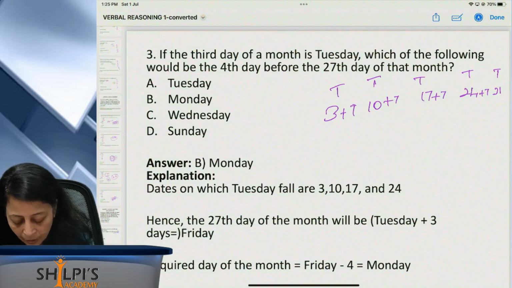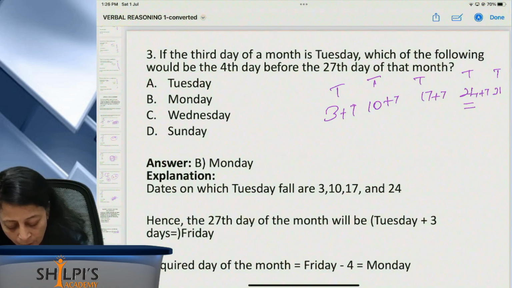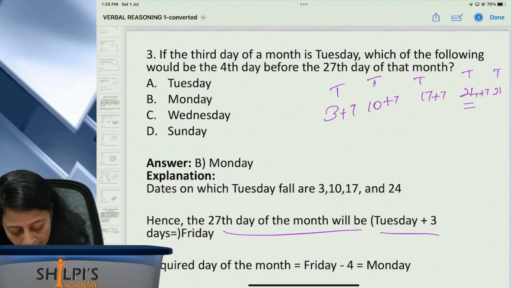Okay, now what could be the 27th day of the month? If 24 is the Tuesday, what would be the fourth day before the 27th? The 27th day of the month will be Tuesday plus 3 days, because 24 is a Tuesday.